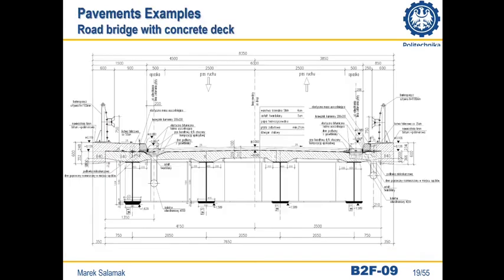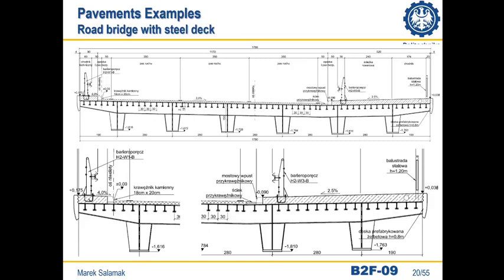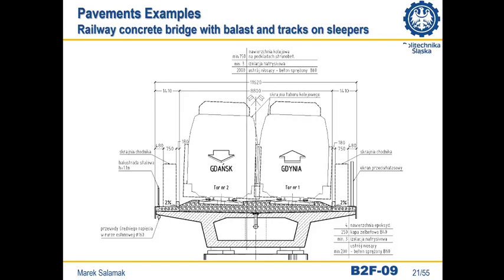Here's an example of pavement surfaces with reinforced concrete slab decking. The same, but directly on a steel plate of the orthotropic deck. Here we have a railway track of a double track bridge made of pre-stressed concrete, but in curvature.